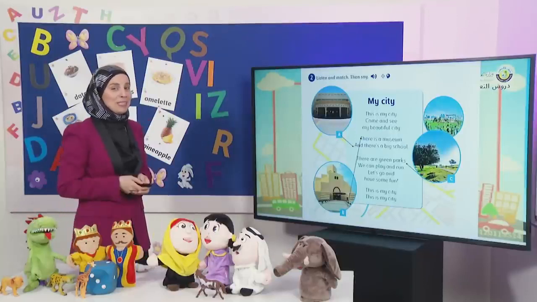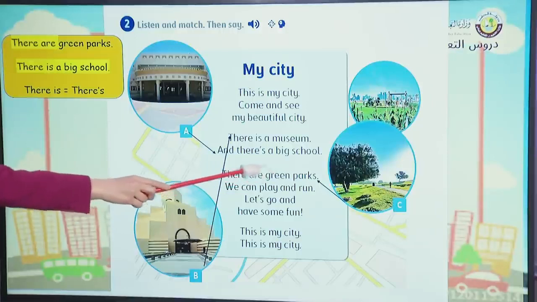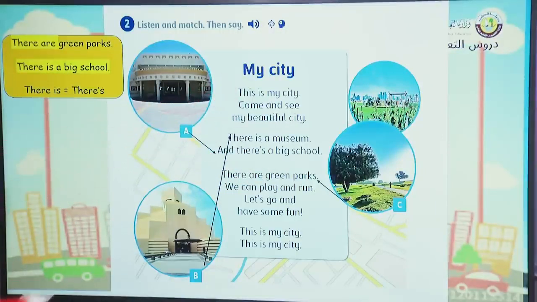Great job. My students, I will tell you something about using there are and there is. I use there are when I'm talking about more than one. There are green parks. There are 2 green parks.